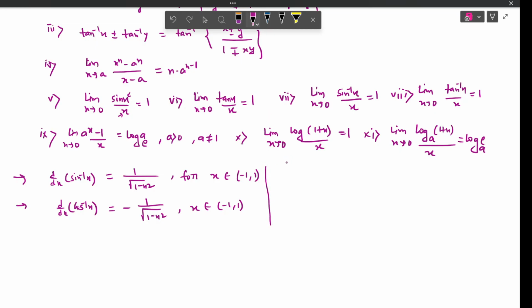Next formula, d/dx of tan inverse x would be 1 by 1 plus x square. Now next formula is d/dx of cot inverse x. This would be minus 1 by 1 plus x square.